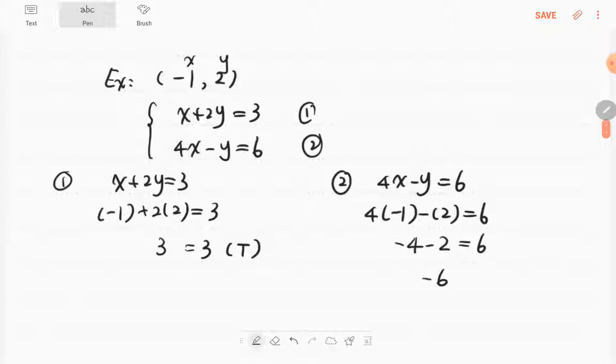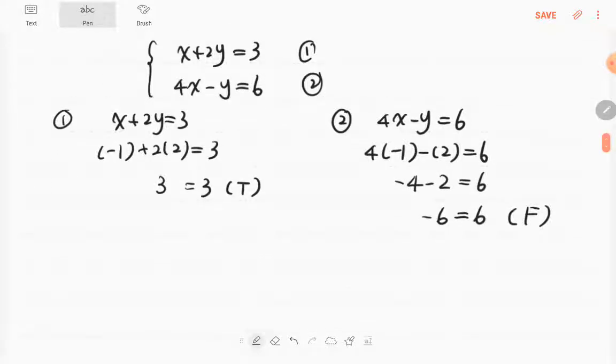Left side, we get -6. In the right side, we get +6. Obviously, it's false. So if one is true, another one is false, what's our conclusion? We will say no. This ordered pair is not a solution.